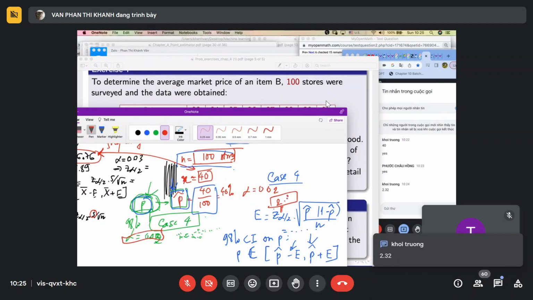Okay, 2.32. And please find the error. Here p hat is 0.4, 40%, so 1 minus p hat is 0.6. You divide it by 100. So under the square root, what is E?